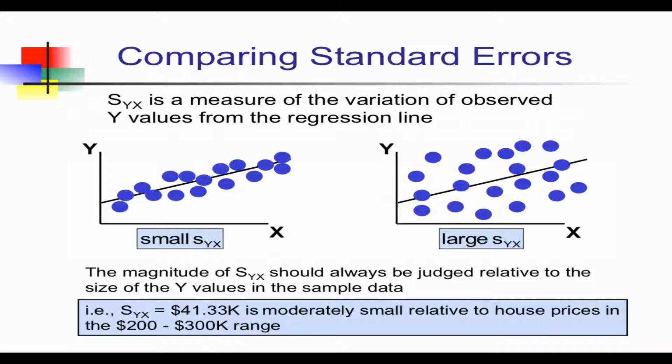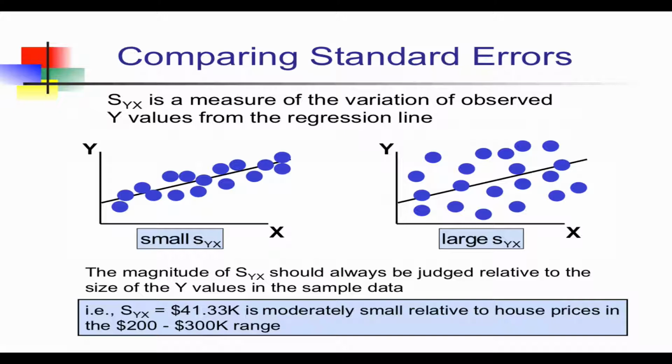And like we said before, what does this metric stand for? This measure is really the variation of the observed values from the regression line. If there is a smaller sigma squared, that means all the observed values are very tightly clustered around the regression line. On the other hand, if you have an estimate of a very large sigma squared, that means there is a wider spread of the observations around the fitted regression line.